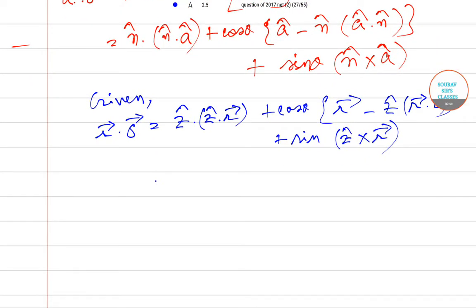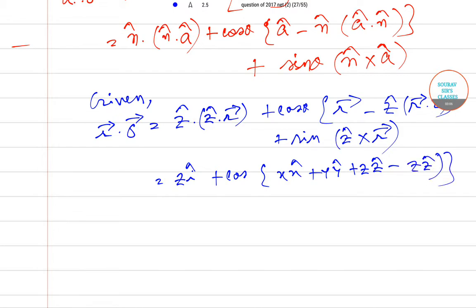So this equals z k cap plus cos theta into x i cap plus y j cap plus z k cap minus z k cap.